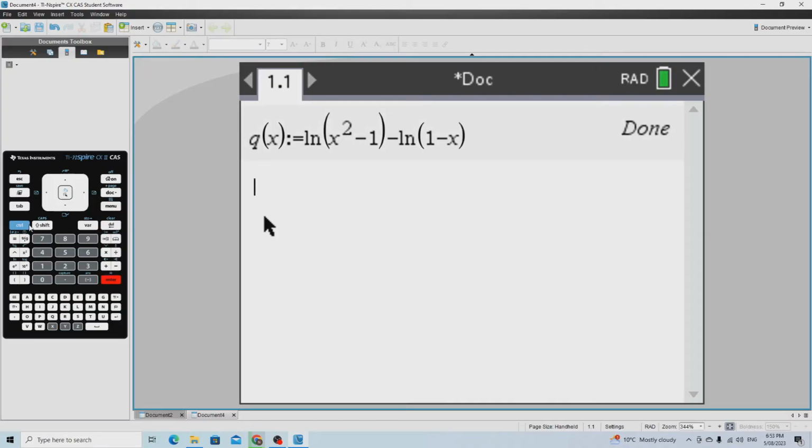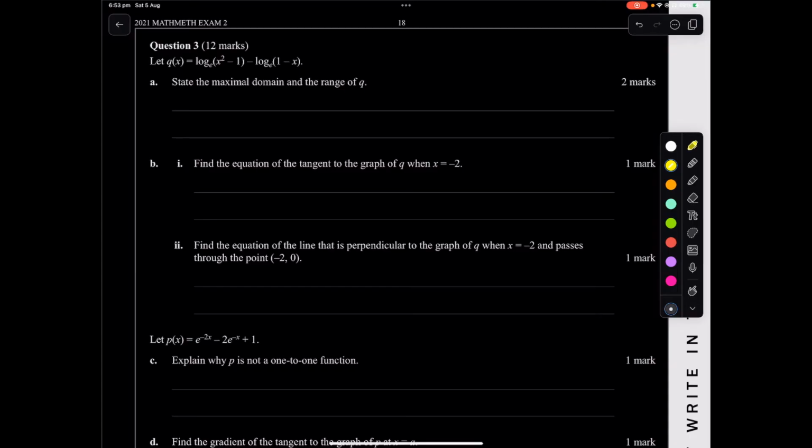Perfect. So we can say state the maximal domain. The domain of q is negative infinity to 1, non-inclusive.